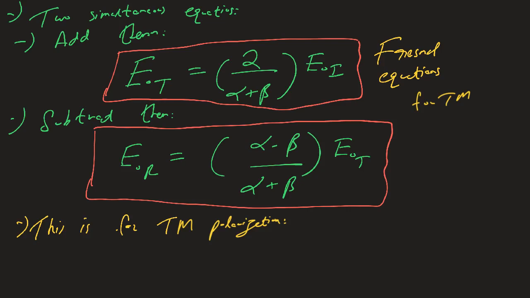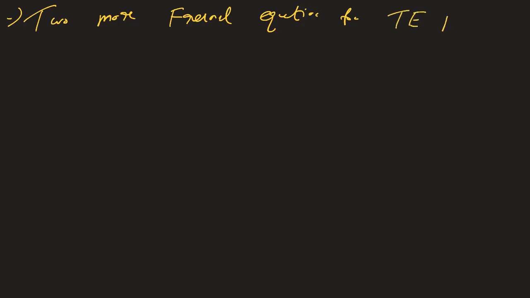Now you will of course get two more Fresnel equations. So you get two more Fresnel equations for TE polarized electromagnetic waves.